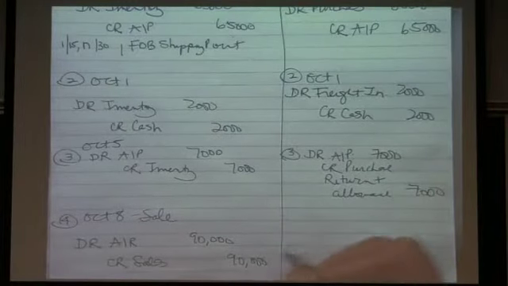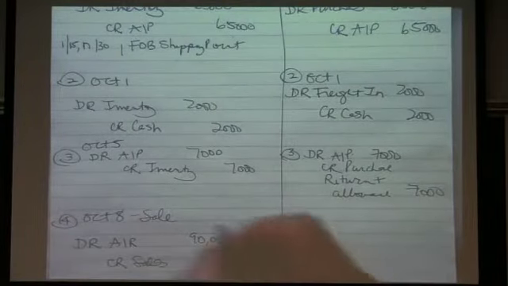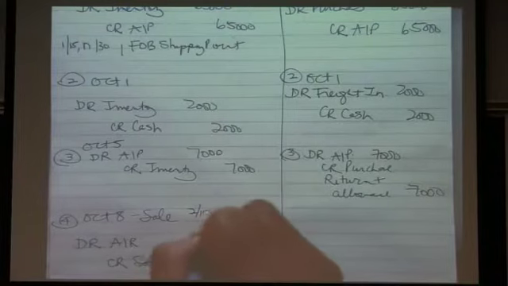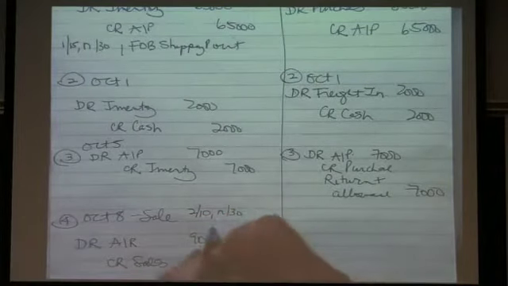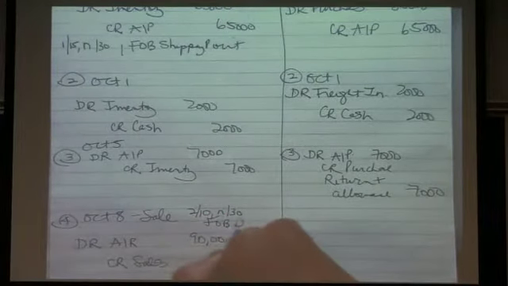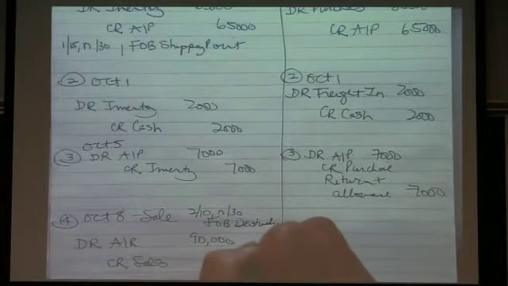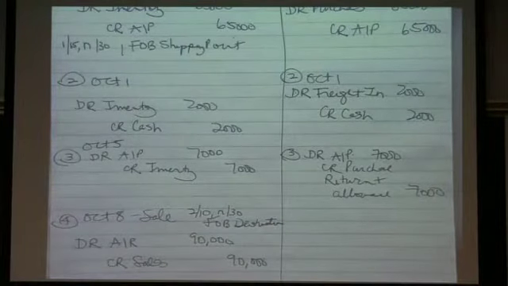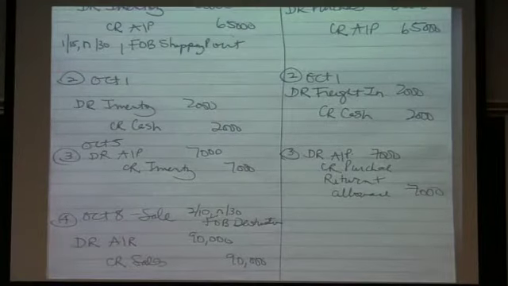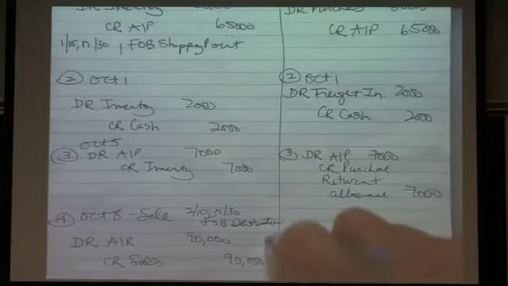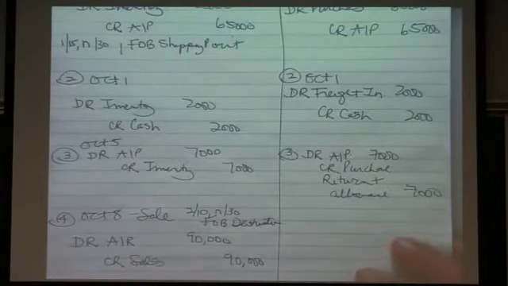And the term of this one is 2/10, net 30, and it's FOB destination. That means that the seller is responsible for paying the freight cost and ensuring that the goods travel safely and in good condition to the customer's place of business.